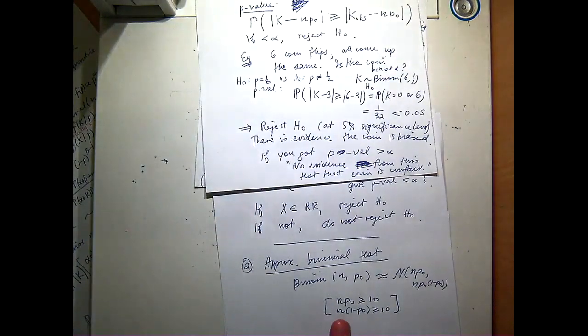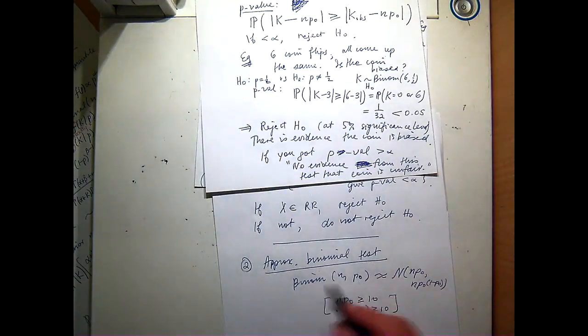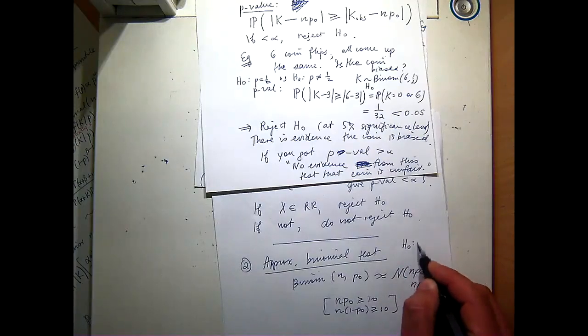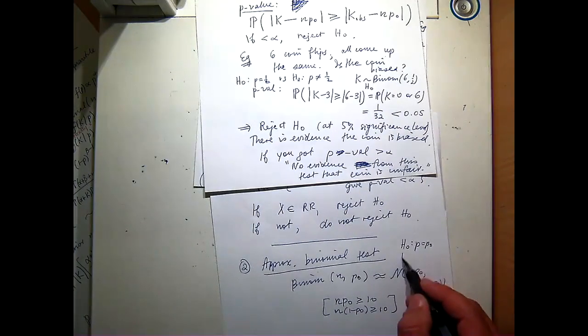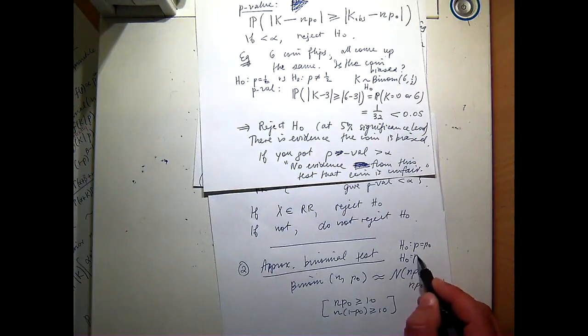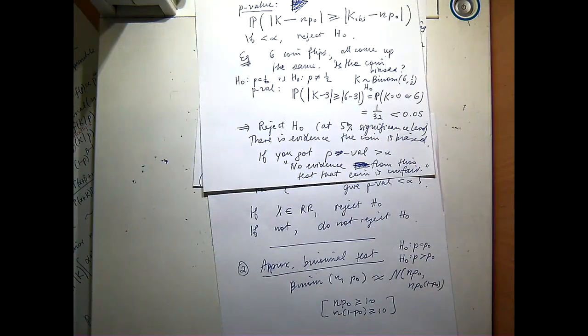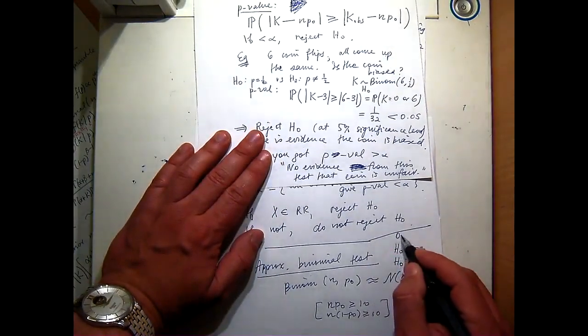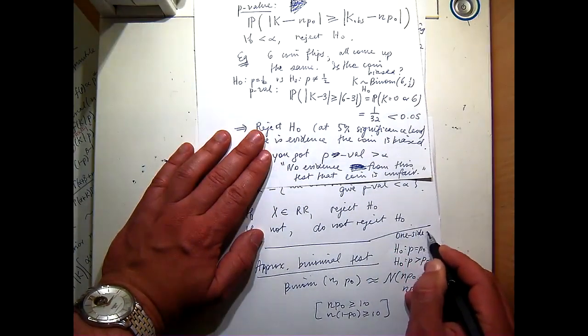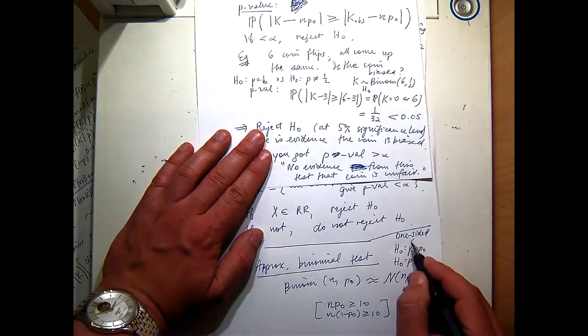Now you can do that because you have H0: p equals p0. Now let's this time do a one-sided test, just because we haven't done a one-sided test so far. So we're looking for evidence that the probability is greater than what I think, and I couldn't care less if it's less. I don't want to reject H0 if it's less. Now, usually a one-sided test is phrased in this fashion.